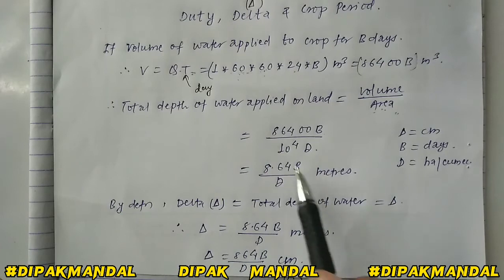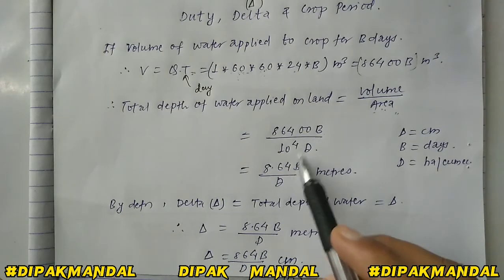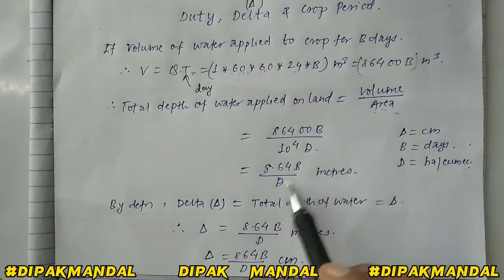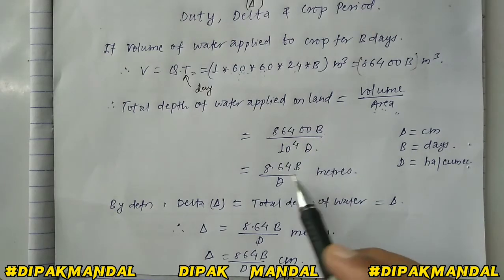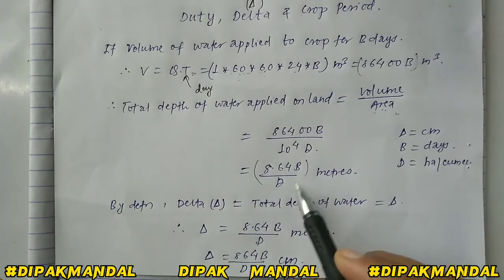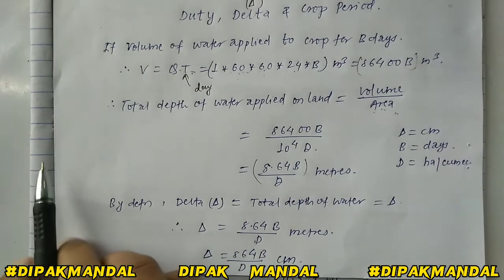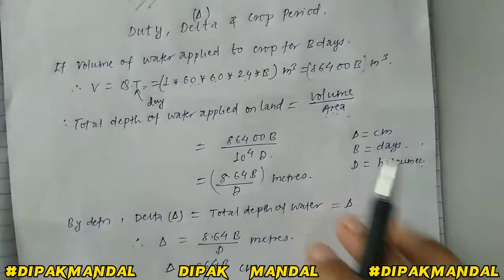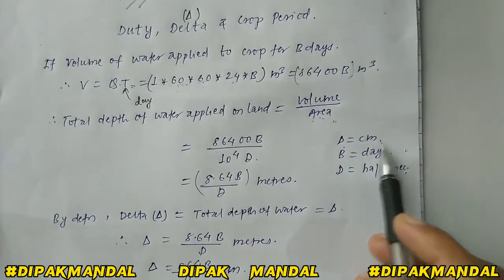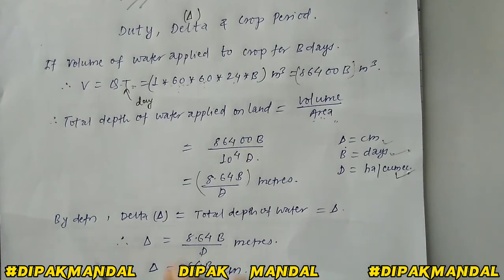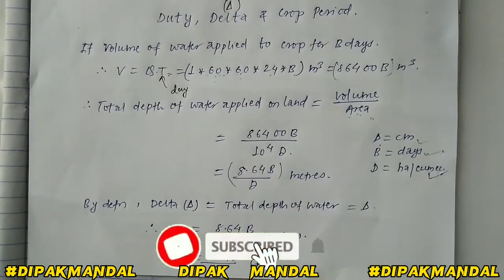So after dividing 86400 B by 10 to the power 4, we will get 8.64 B by D, in meters. So you have to remember that here delta is in cm and B is always in days, and D equal to hectare per cumec.